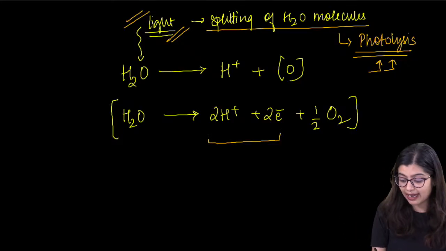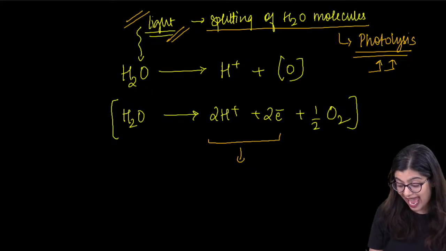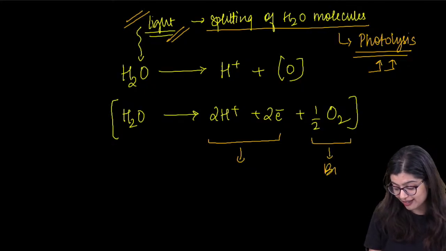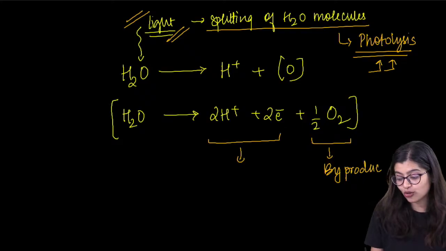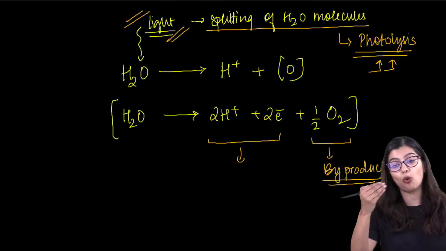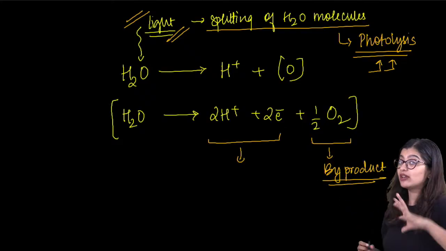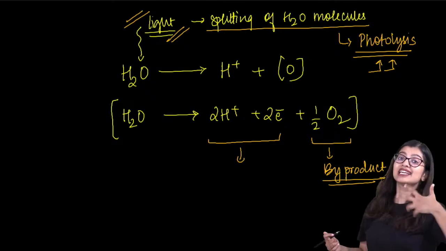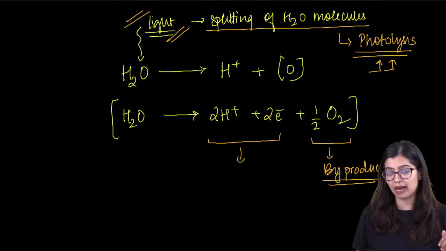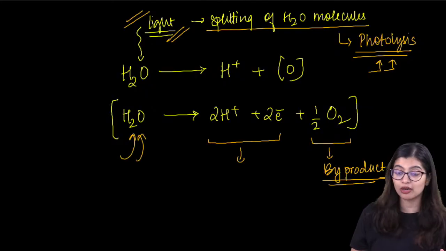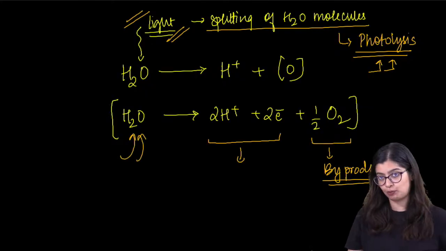We end up getting hydrogen ions and our byproduct, oxygen. So if they ask you from where the oxygen comes as a byproduct, it comes from the water molecules when they are split.